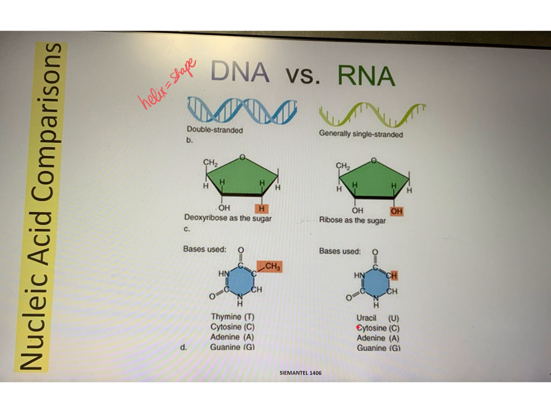And RNA has very similar bases with one exception. So RNA also uses cytosine, adenine, and guanine, but it has the addition of uracil. So there is no thymine in RNA. Thymine is replaced by uracil. Okay, so those are the three major differences between DNA and RNA, kind of in a nutshell.